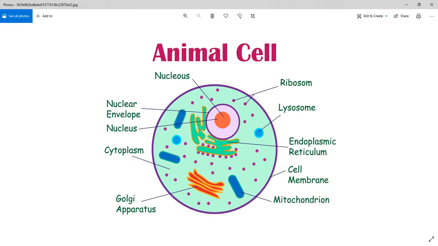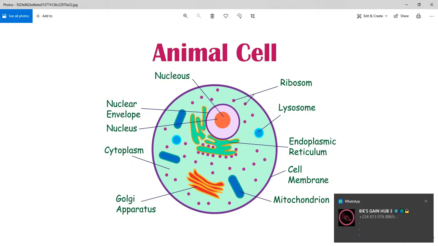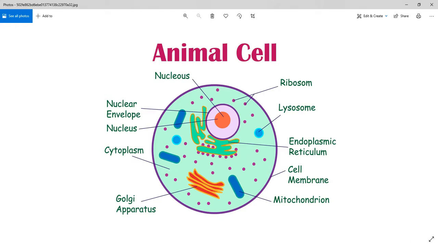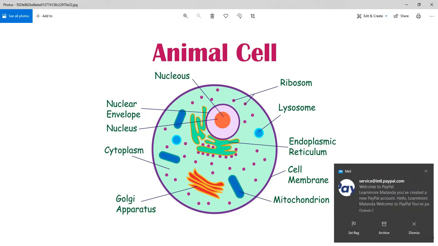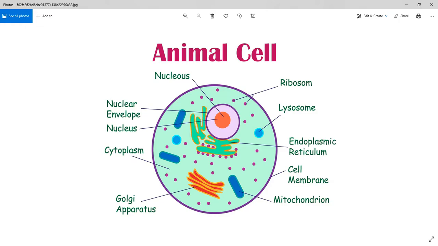Now looking at this animal cell, let's say per se the DNA that forms your skin. Let's say for instance you get injured and part of your skin peels off. Your skin needs to find a way of healing itself and creating new skin, overlapping the gap with new skin that looks exactly like the one that has peeled off.